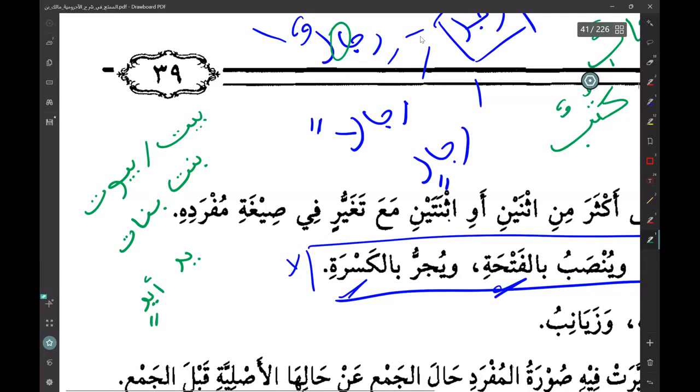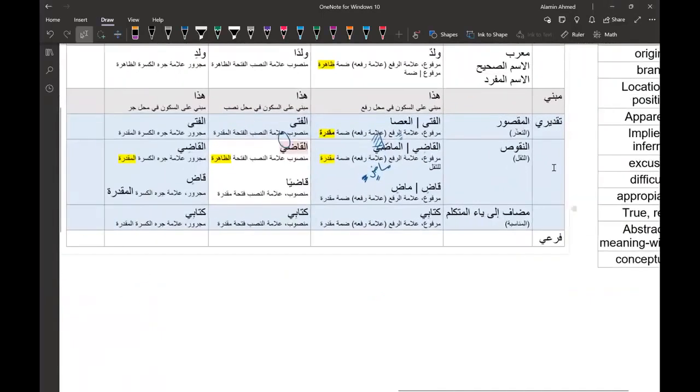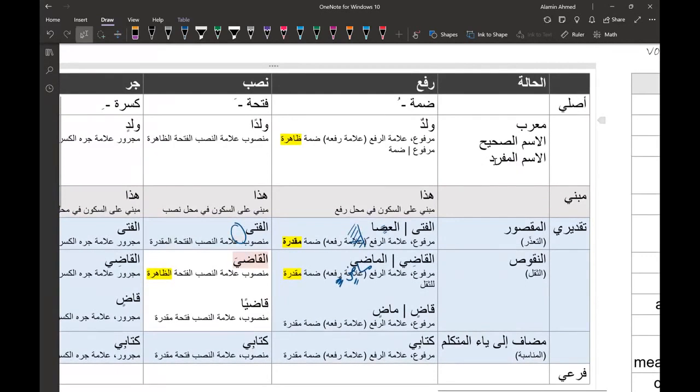So with that, I can also add that our taksir is also your asl. Let me give you one example here. For example, rijalun, rijalan and rijalin.